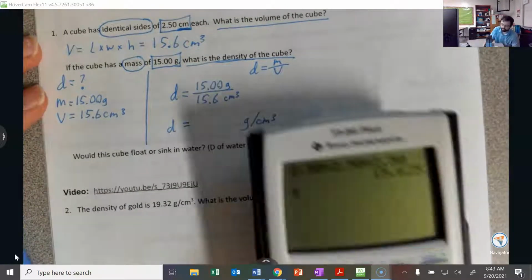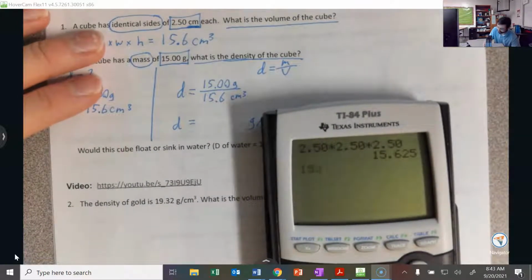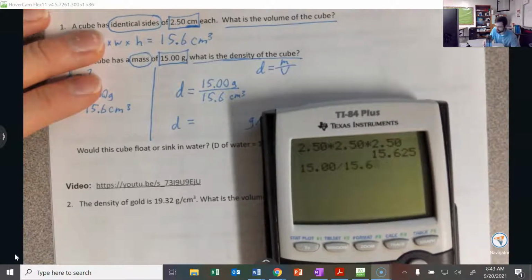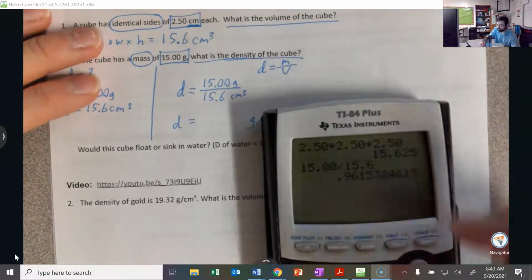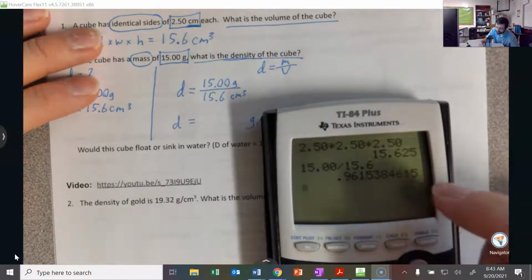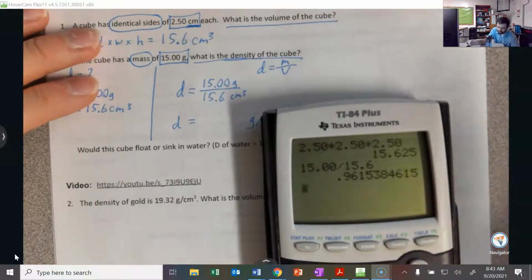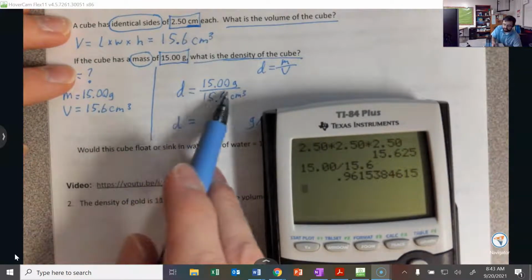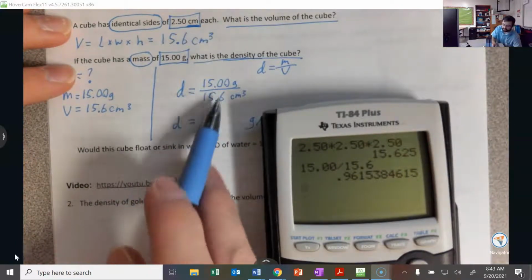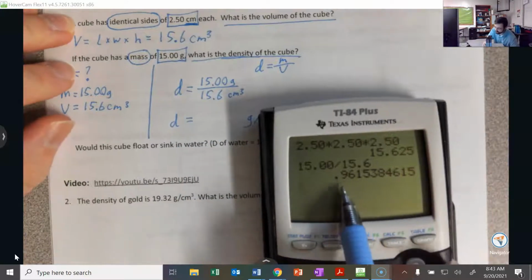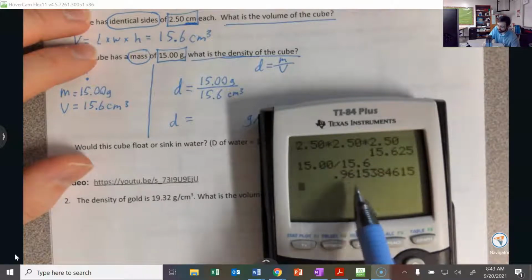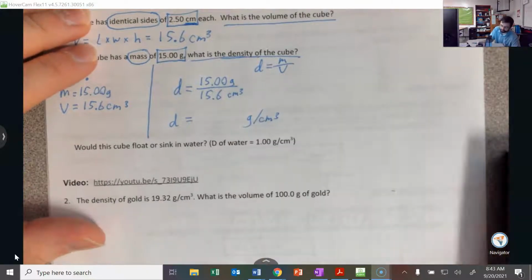Now let's plug it in the calculator. 15.00 divided by 15.6. I get 0.961538 and so on. This is 4 significant figures, this is 3. I want to keep the lower number of significant figures, so the 1 rounds up because of the 5, 0.962.